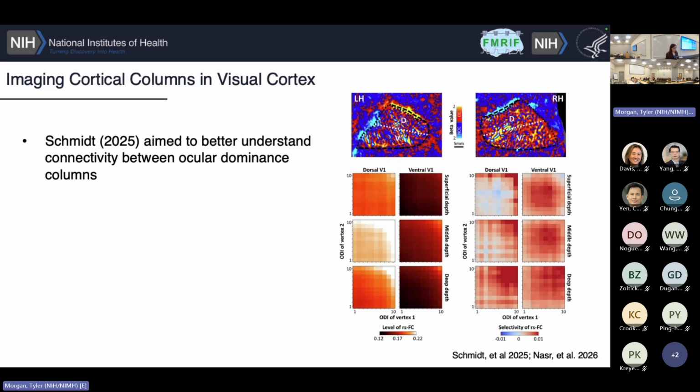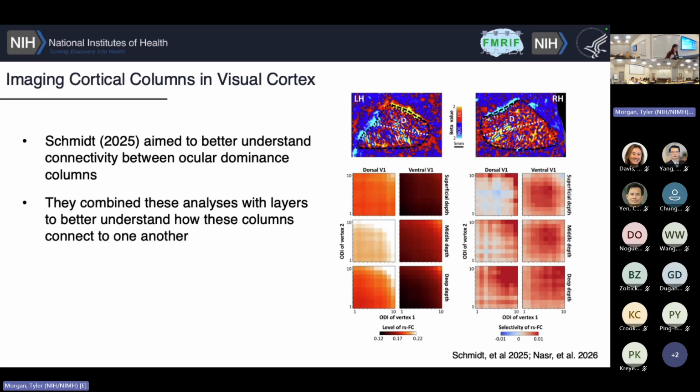I think this has become more advanced over time. Here's an example of looking at connectivity between different ocular dominance columns. This is work by somebody named Mariana Schmidt. What they're doing is combining analyses associated with getting individual columns on the cortical surface with voxel analyses in different ways.